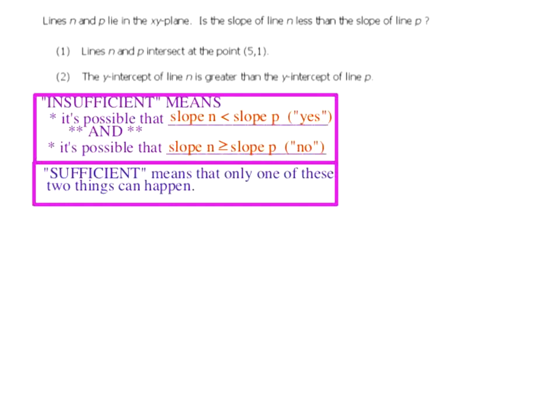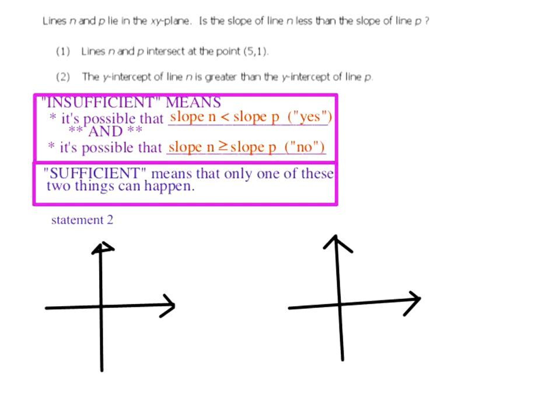For statement 2, here's one set of coordinate axes for a yes, here's another one for a no. So any y-intercept that's greater than the other here, basically. So here's a greater y-intercept. Here's a lesser y-intercept. Here's a greater y-intercept. Here's a lesser y-intercept.